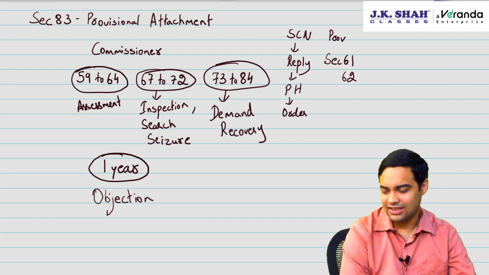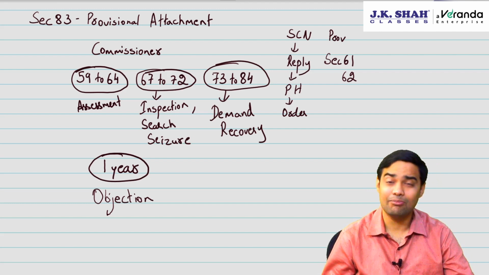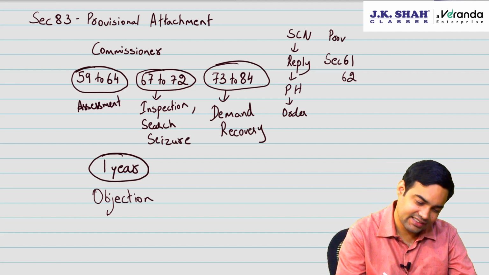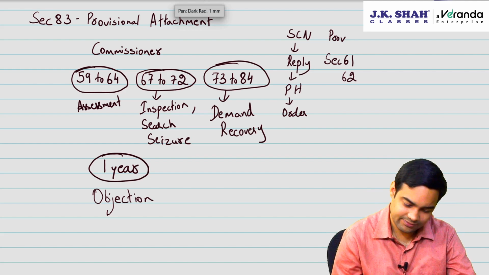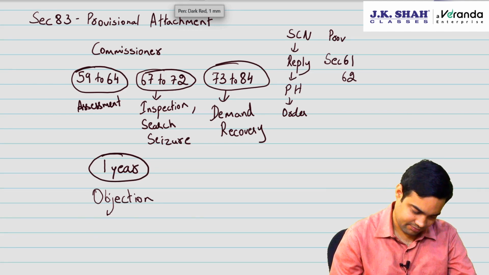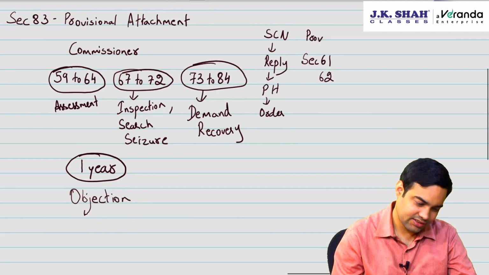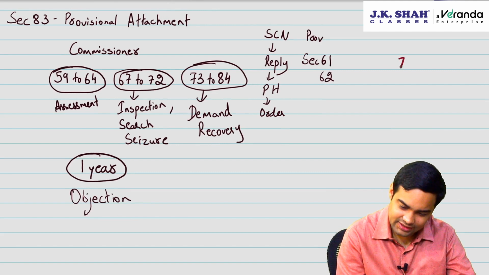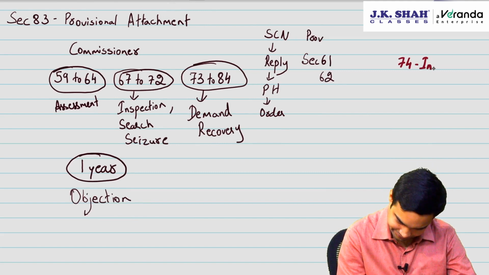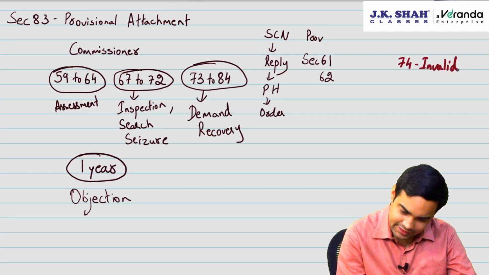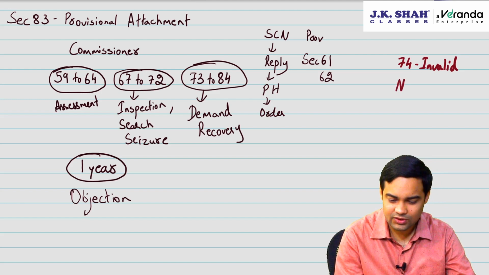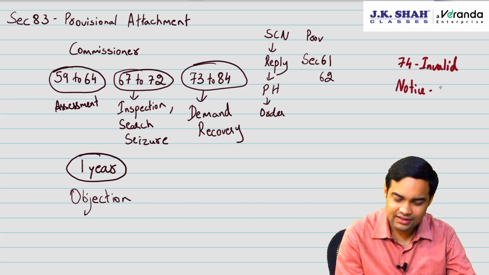Then there are some circulars. A very important circular is relating to section 73-74. Suppose 74 is held to be invalid, then it is deemed that the notice was issued under section 73.